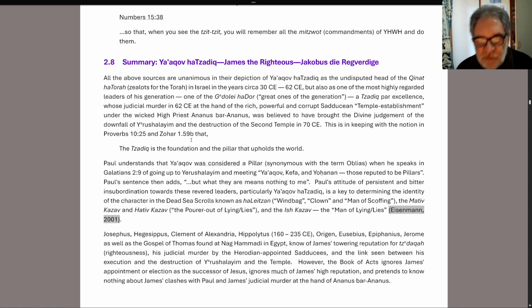Paul understands that Yaakov was considered a pillar, which is a synonymous term for the term oblias, when he speaks in Galatians 2 verse 9 of going up to Jerusalem and meeting Yaakov, Kepha and Johanan, those reputed to be pillars. And of course Paul's sentence then adds, "But what they are means nothing to me." It's to him of no purport.